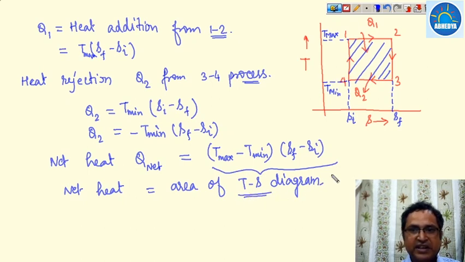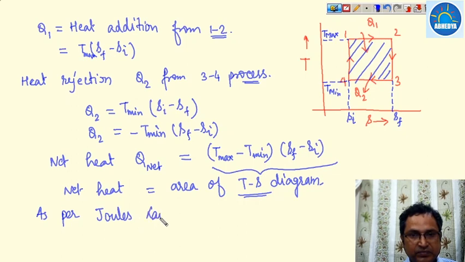So the area of the TS diagram will give you the net heat, and as per Joule's law, net heat is equal to net work for a cyclic process.